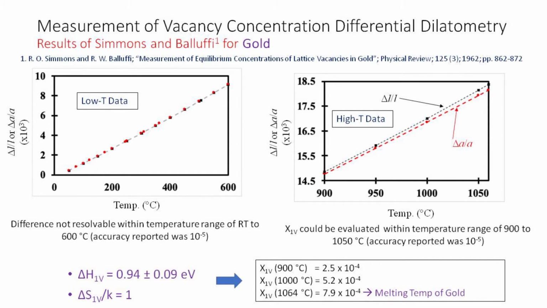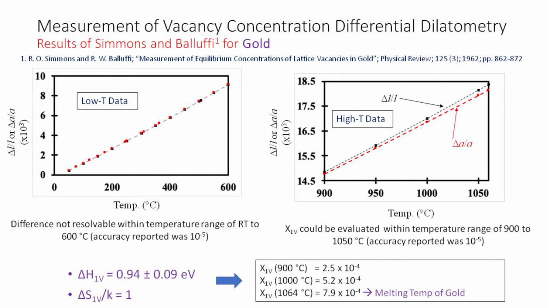But at the higher temperature range, 900 to 1050 degrees centigrade, you can see the difference between delta L by L and delta A by A is detectable. Delta L by L is of course higher than delta A by A, and the difference is increasing with increasing temperature.